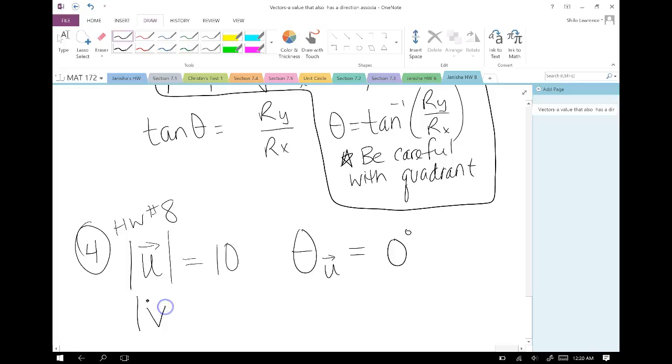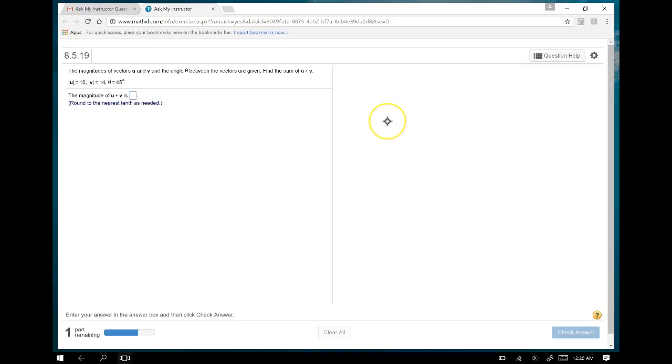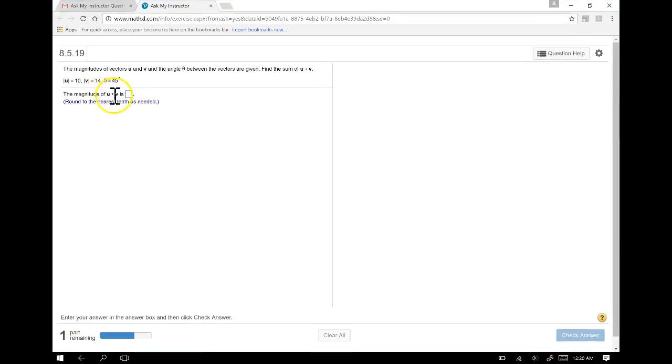The magnitude for V, it says, is 14. And I'm going to take the angle they give me and say that that is V's angle. So I have a magnitude and a direction for two different vectors. And what they want us to do is add the two vectors together.